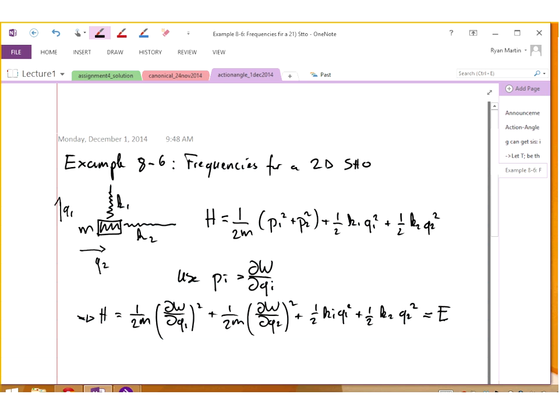And so that's got to equal the total energy E.